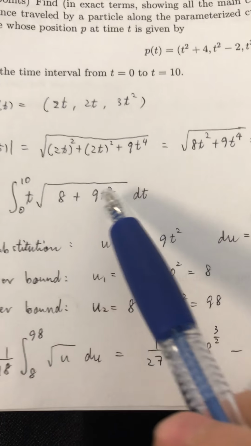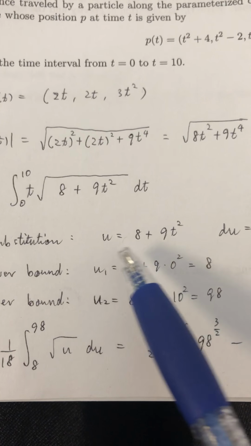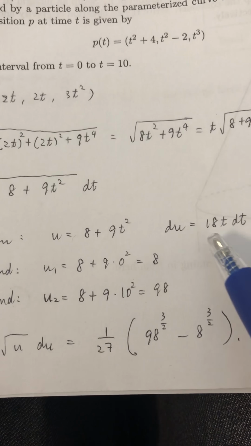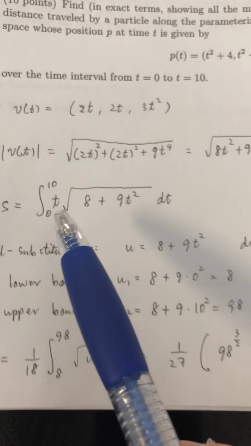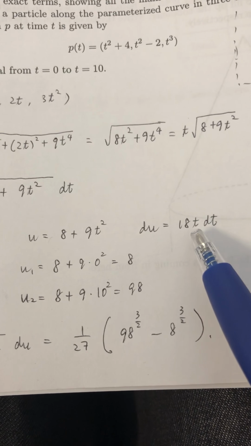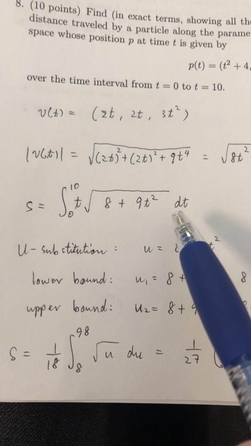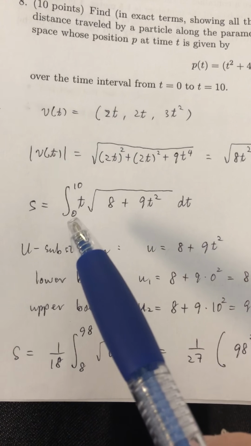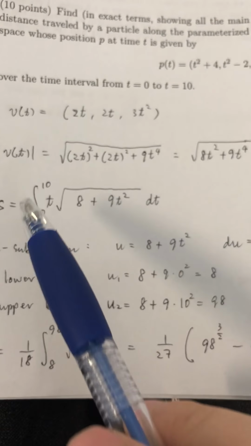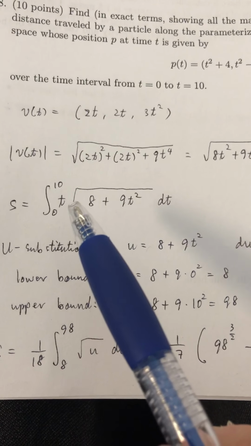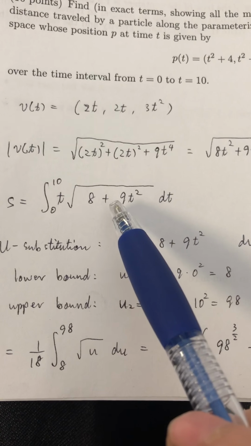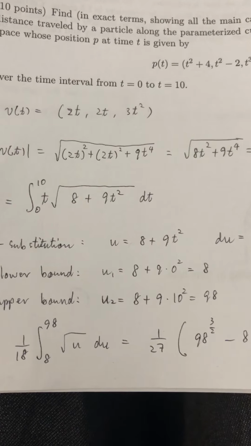You can say 8 plus 9t squared is equal to u, and then du is equal to 18t dt. You see that t dt is already here. So this integral is basically the integral of 1 over 18 times the square root of u du.